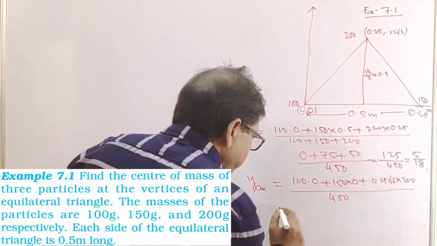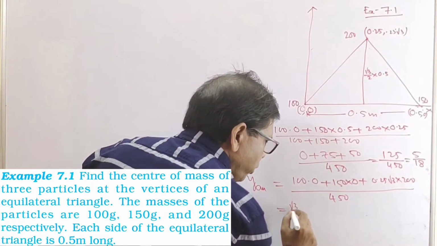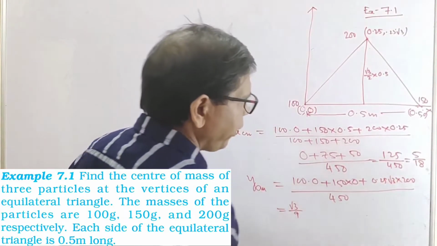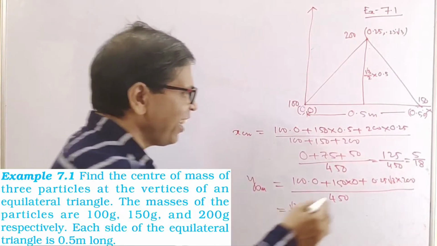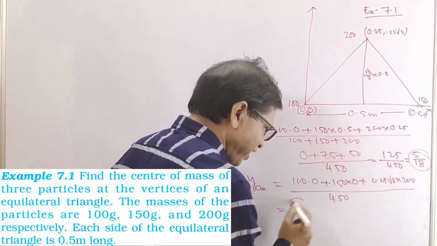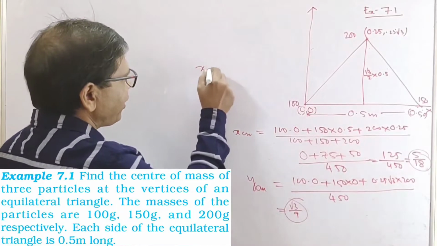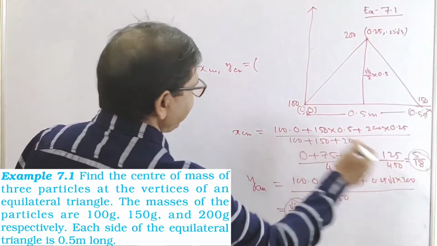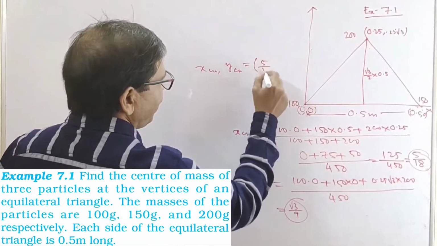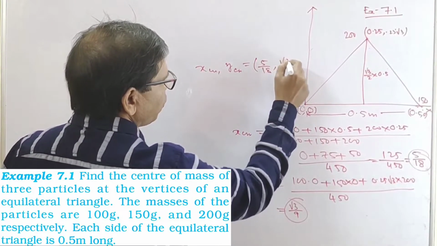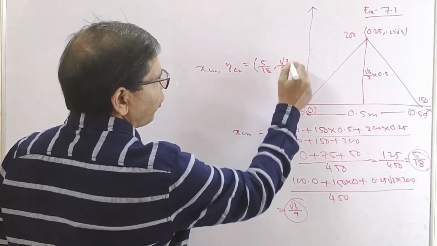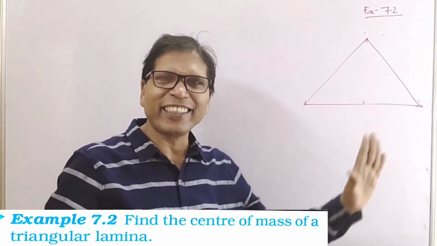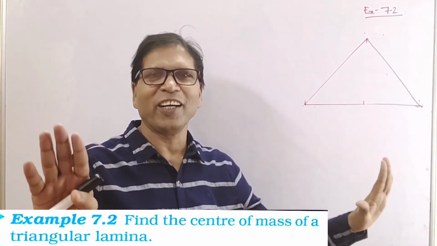So this is root 3 divided by 9. Okay, so center of mass is this and this. Therefore xcm comma ycm is equal to xcm 5 by 18 and ycm root 3 divided by 9.